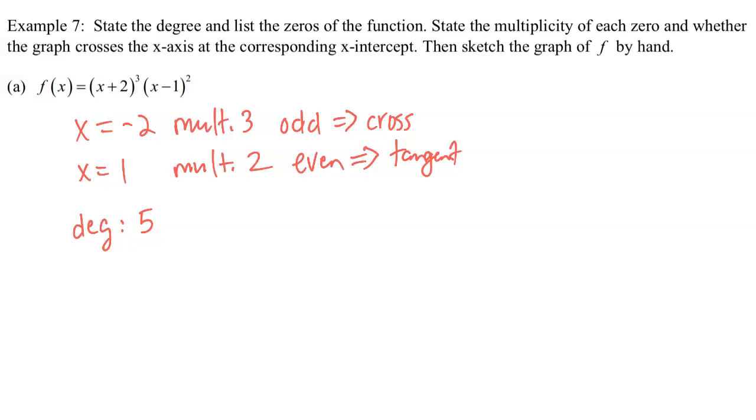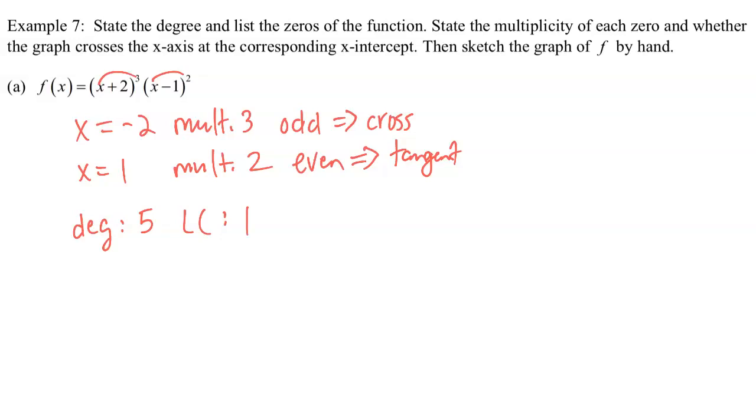And I don't have to multiply it all out in order to know that. If you were to think about it, x times x times x would give me x to the third, and then x times x would give me x squared, and when I multiply x cubed times x squared, I'm going to get x to the fifth.